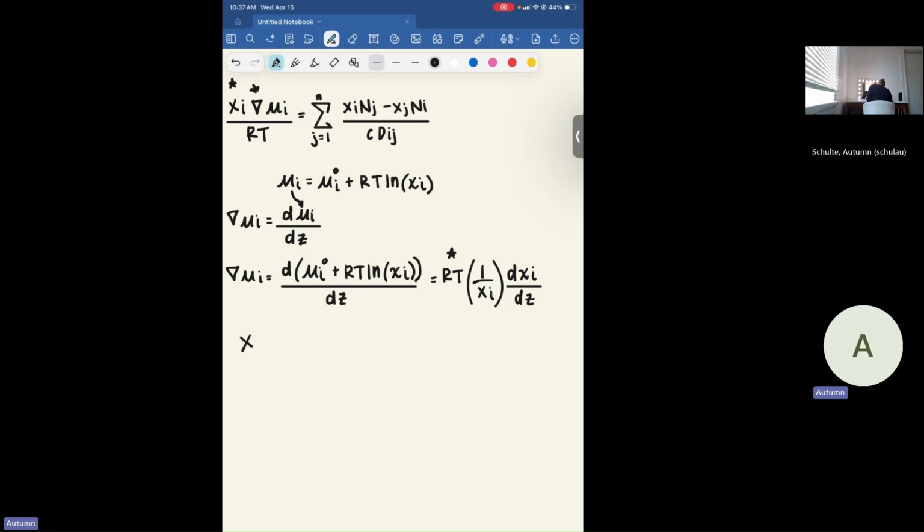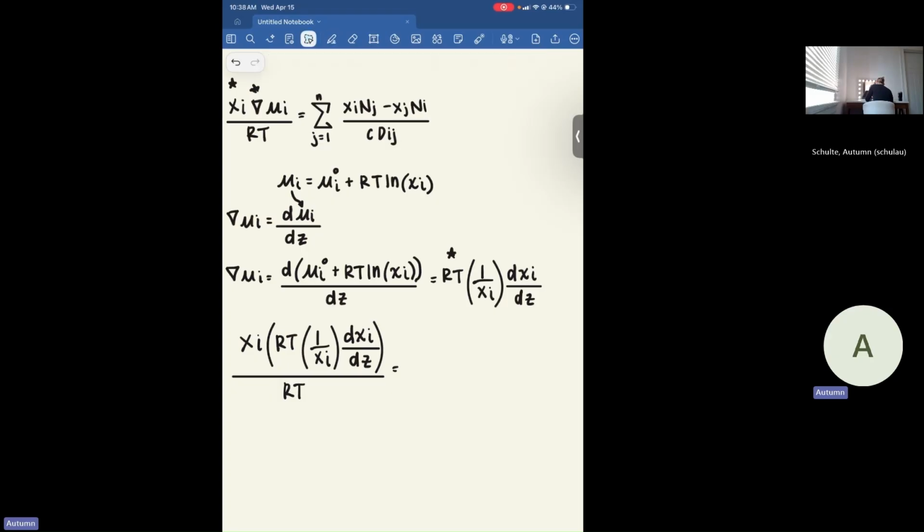So we're going to have that the mole fraction of component I multiplied by our gas constant R times T, our temperature, multiplied by 1 over the mole fraction of component I. And this is the derivative of the mole fraction of component I with respect to our position Z. And this is all divided still by our gas constant R and our temperature T. And once again, this is still equal to the entire right side of our equation.